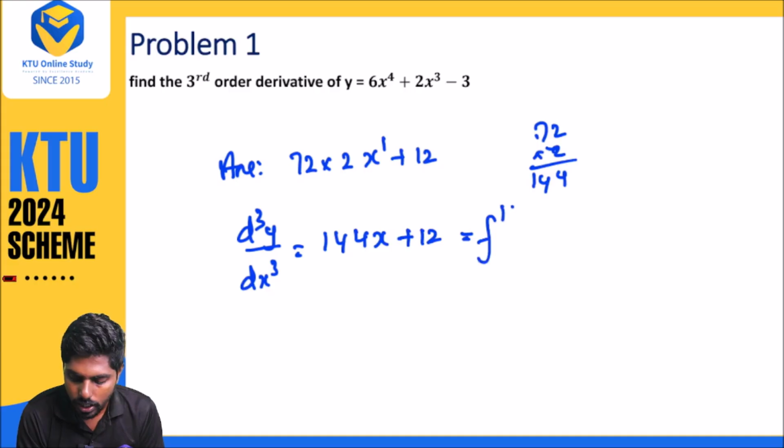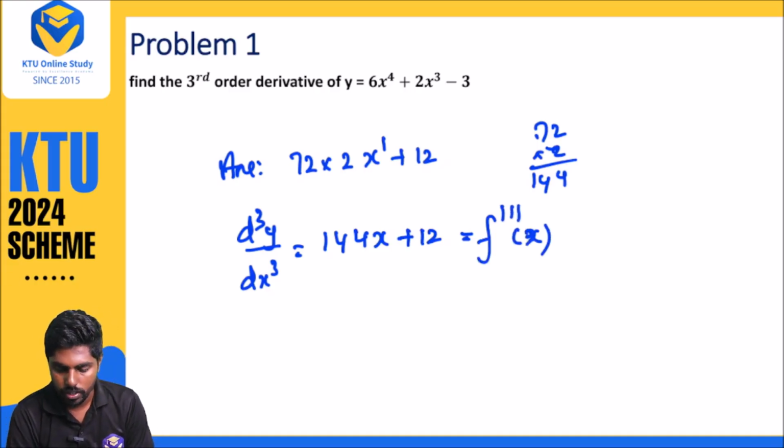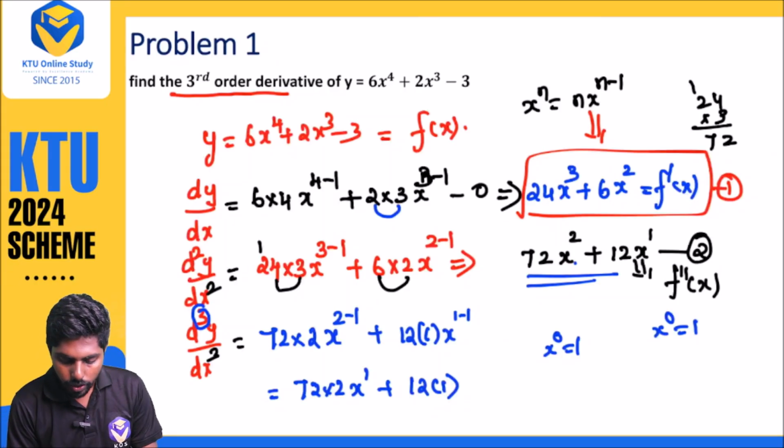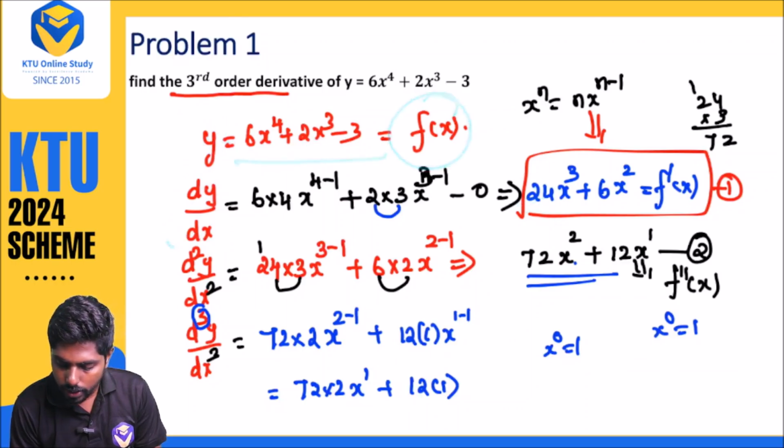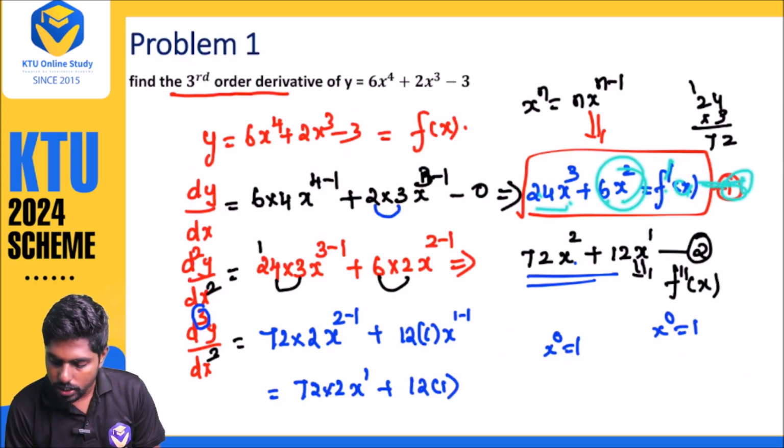This is nothing but f triple dash of x. So to summarize, we want to differentiate y, which is given as f of x. When differentiating, it becomes 24x cube plus 6x square, which is f dash of x. This is equation number 1.